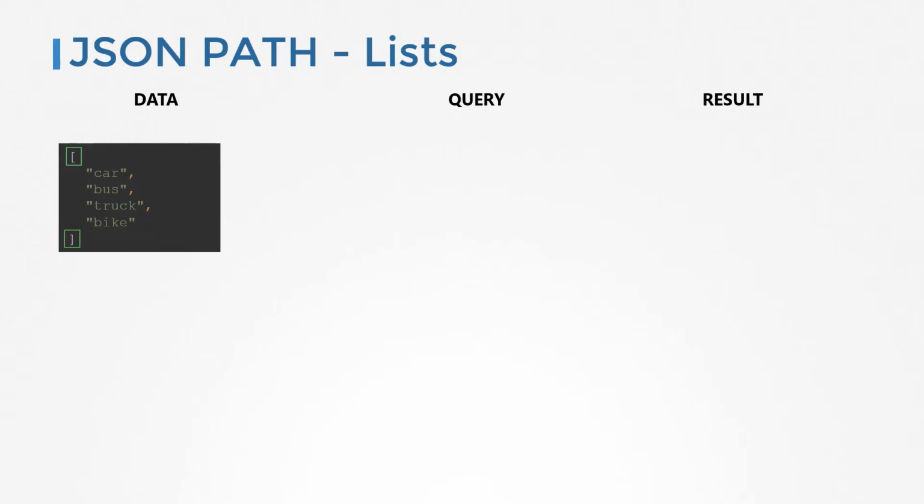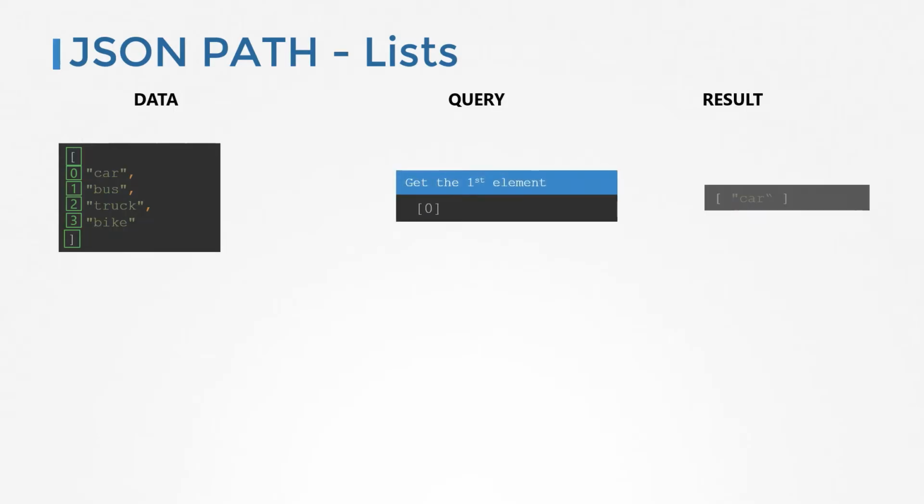How do we get the first element in this list? To get a particular element from a list, use the square brackets in your query and specify the position of the item you want inside it. The indexes start at 0, so remember that the first element is at 0, the second one is at 1, the third is at 2, etc. And of course, always remember to start with the dollar symbol for the root element.